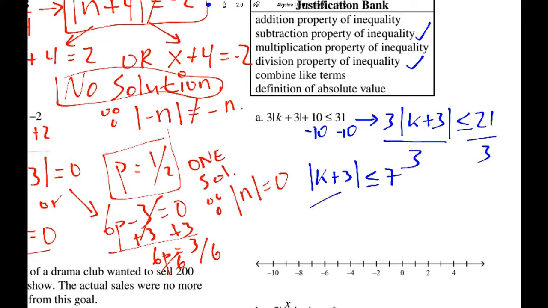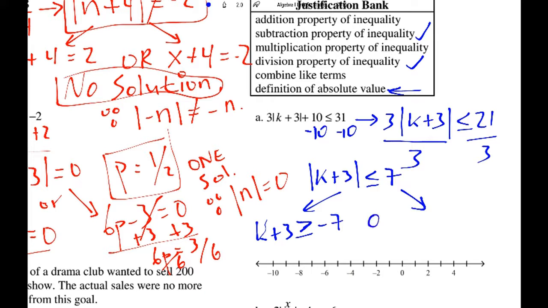Now we write our disjunction, because by the definition of an absolute value, absolute values have two parts to them; it's piecewise. So we have k plus 3 is greater than or equal to -7. The symbol flips because it's negative.